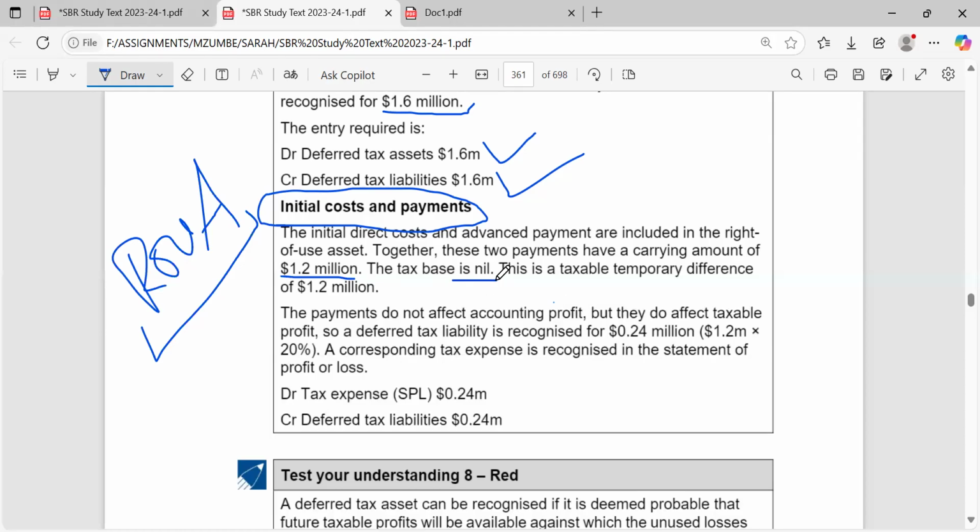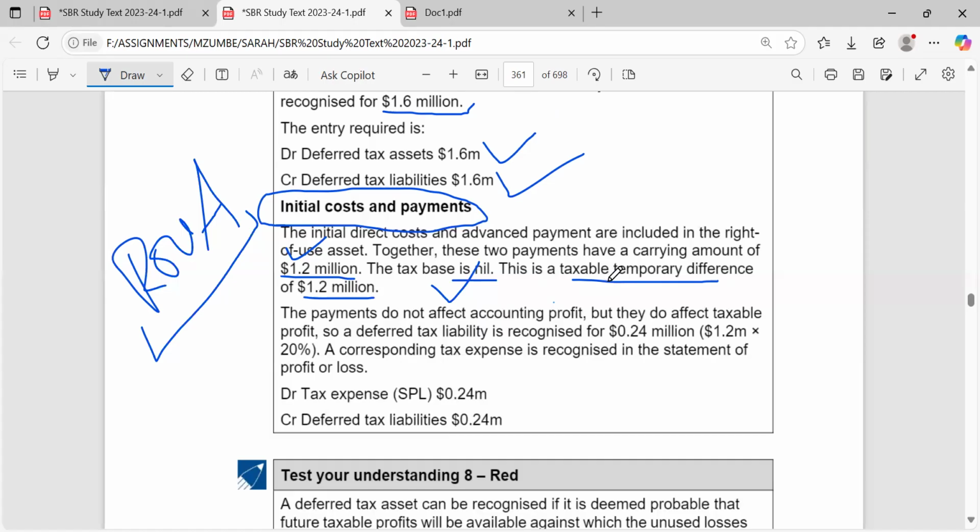So the difference, you see that the carrying amount is higher than that of the tax authority by 1.2. So we have more resources than the tax authority, and so it should be charged. So we have a taxable temporary difference of 1.2 million, which we can multiply by the tax rate to arrive at the deferred tax liability.